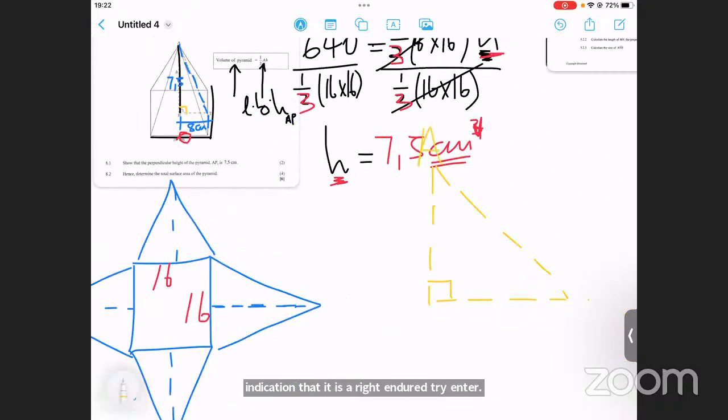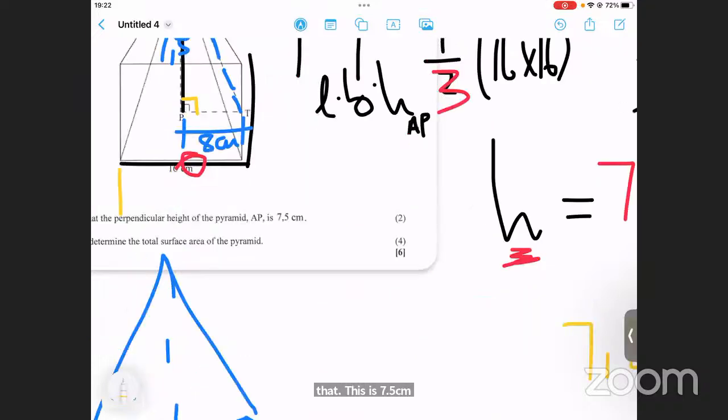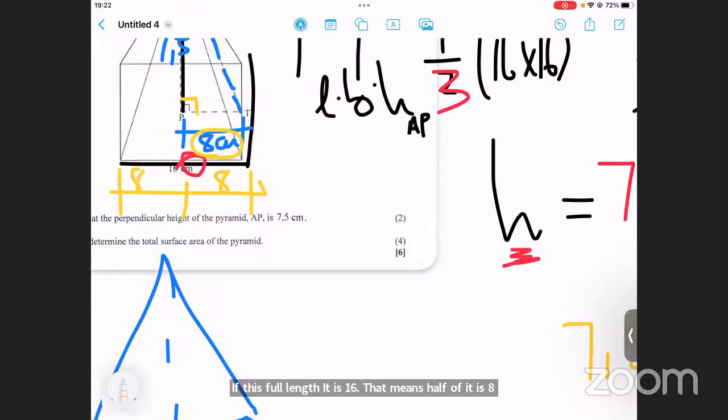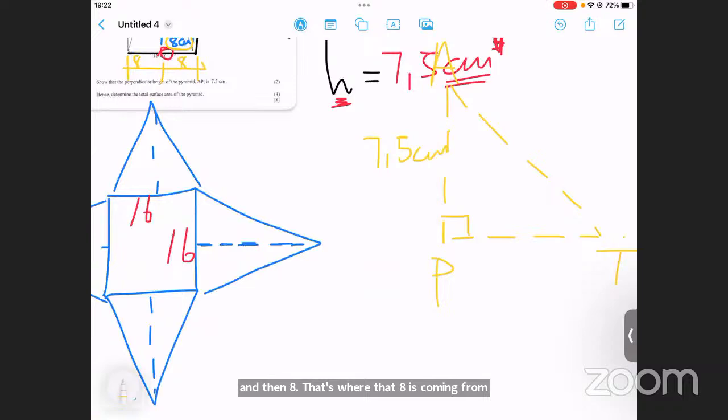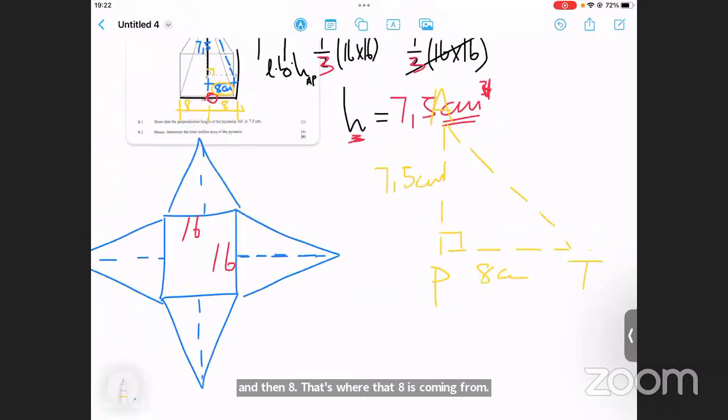Remember, this is A, that is P, that is T. We just showed that this is 7.5 centimeters. If this full length is 16, that means half of it is 8, and then 8. That's where that 8 is coming from. So we have 8 centimeters there.